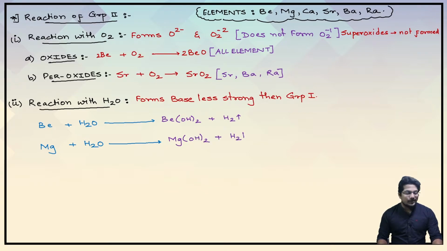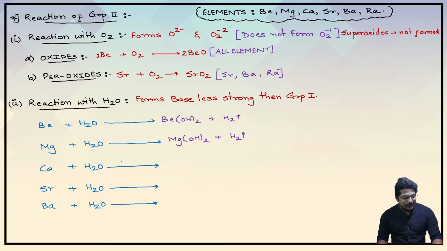Similarly, अगर calcium के साथ बात की जाए तो calcium will give you Ca(OH)2 plus H2. Further, if you talk about strontium, it will give you Sr(OH)2 plus H2. And finally, if you talk about barium, it would give you Ba(OH)2 plus H2.